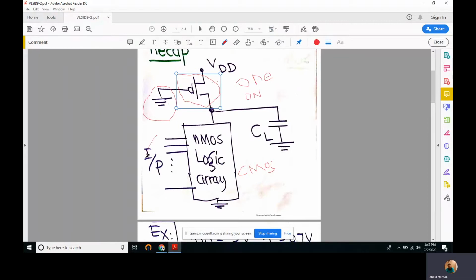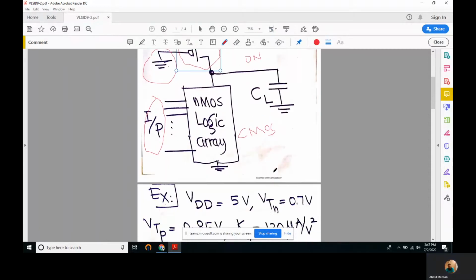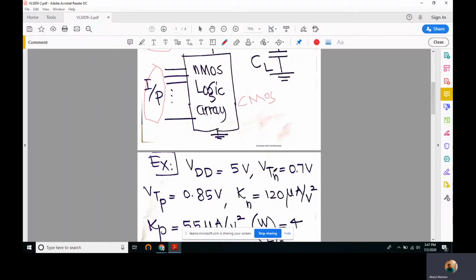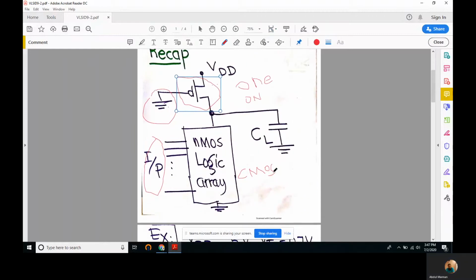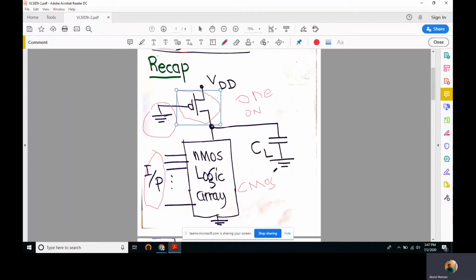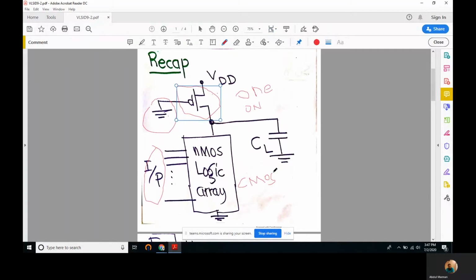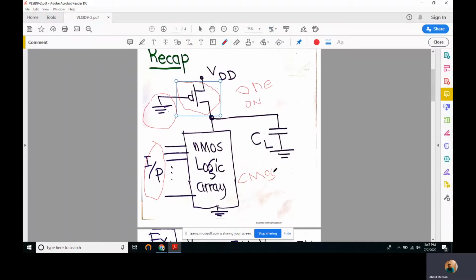So for an input combination for which the output is a logic high, we don't need any switching, because the output high is readily available at the output. We solved a NOT in the last lecture. We studied the pseudo nMOS NOT, and we computed its VOL, V output low.